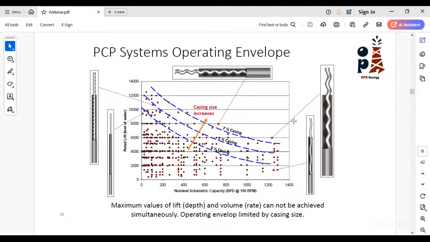So the casing pressure is one of the major points on the pump intake. It's a very simple equation, I think. The summation of all the pressures above the intake point is representing the intake pressure. So the casing pressure is one of them, of course.